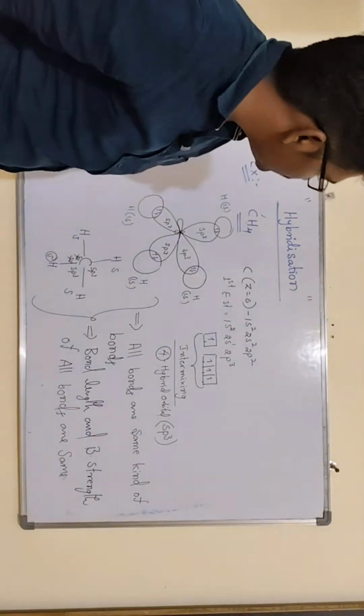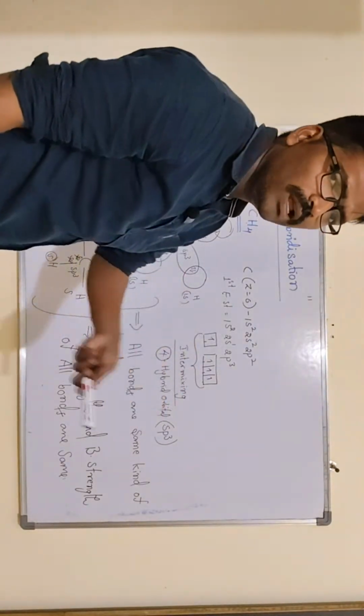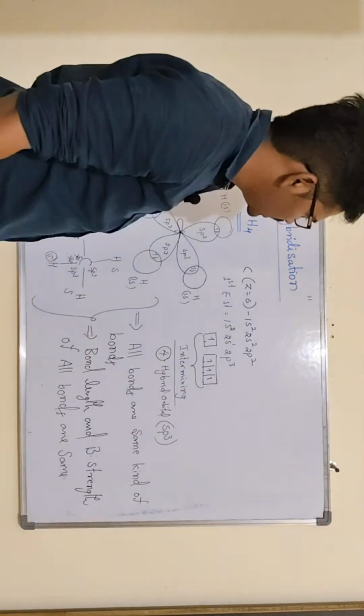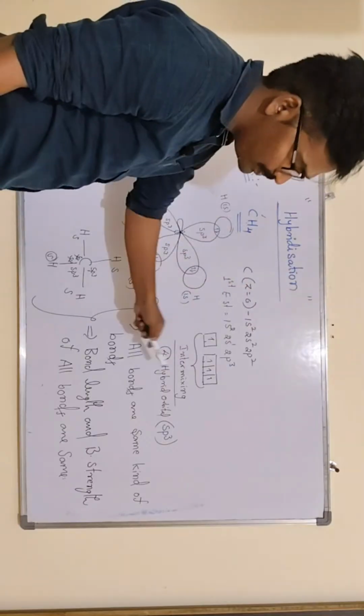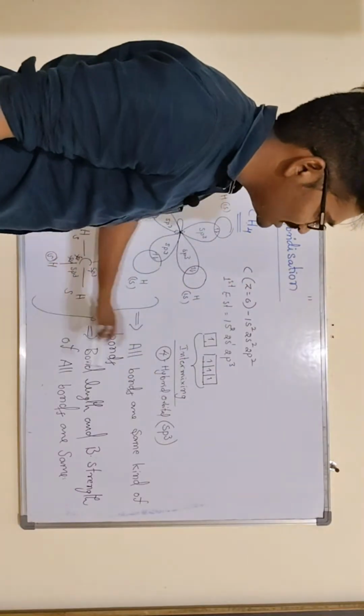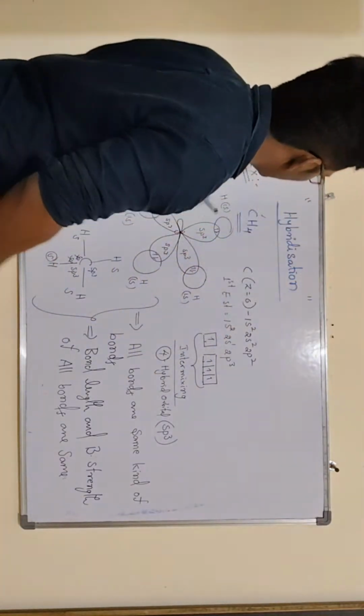So what is hybridization? Intermixing of pure atomic orbitals is called hybridization. Intermixing of pure atomic orbitals produces the same number of hybrid orbitals. This process is called hybridization.